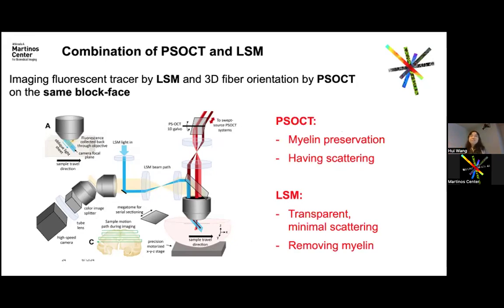What's being cleared out is mostly myelin, because the lipids in the myelin generate most of the scattering signal that gives trouble to the light sheet microscope. So the two systems can be put together hardware-wise, that makes sense, but this tissue processing procedure is really a headache for us.